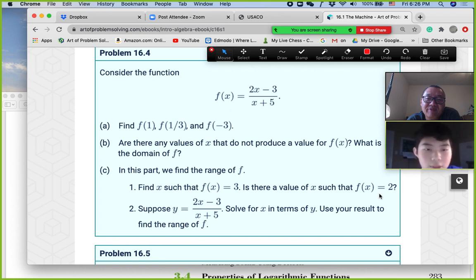Negative 1 over 6. Yes, correct. f of 1/3. You can write on my screen, show how you calculate this.